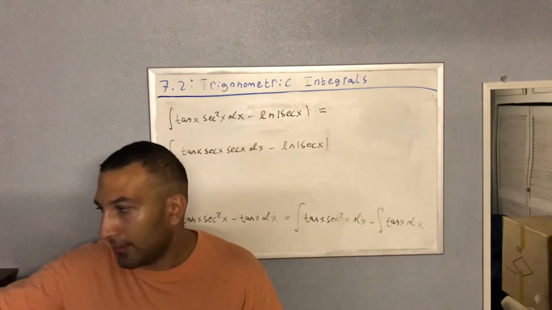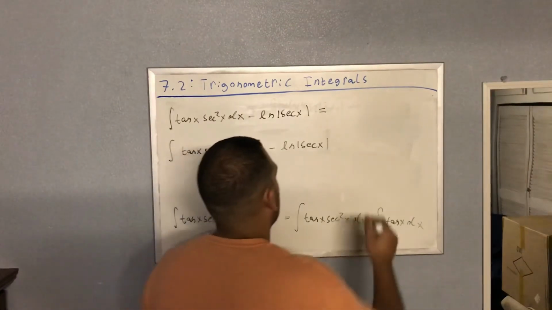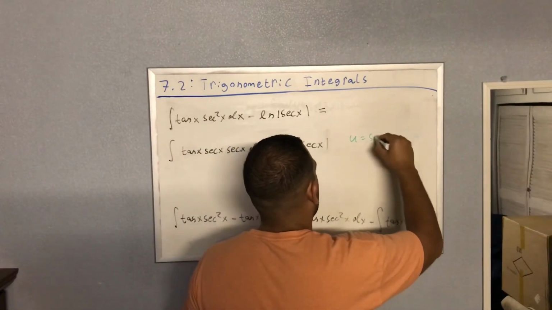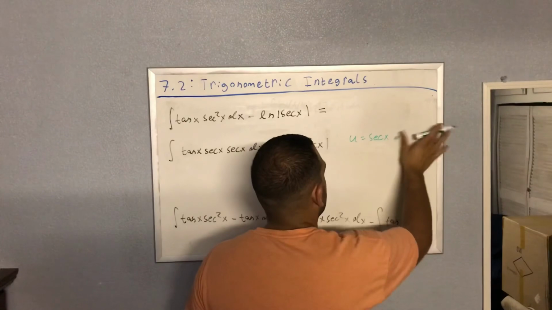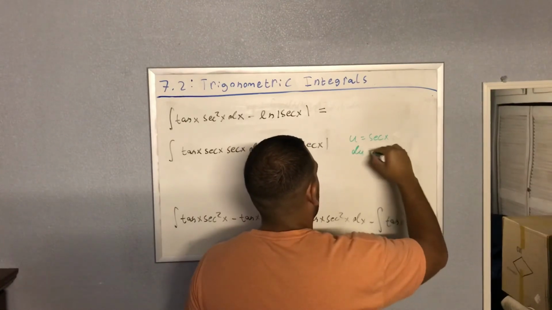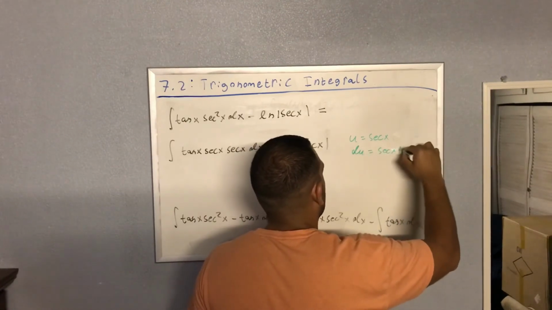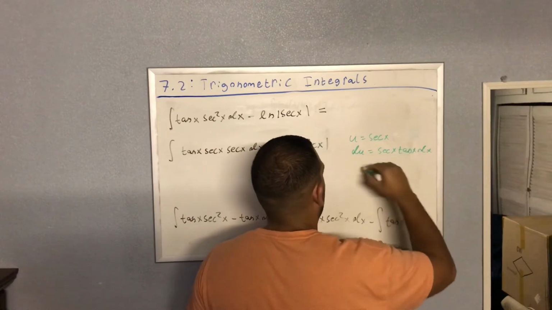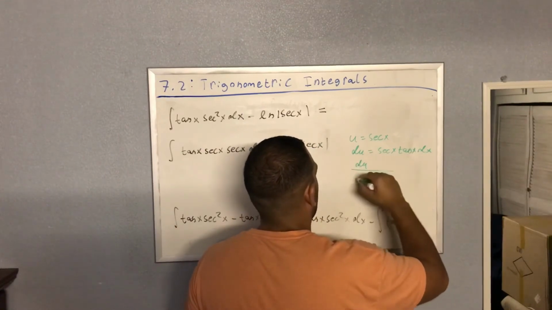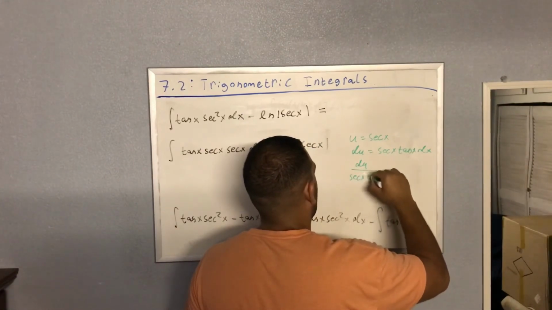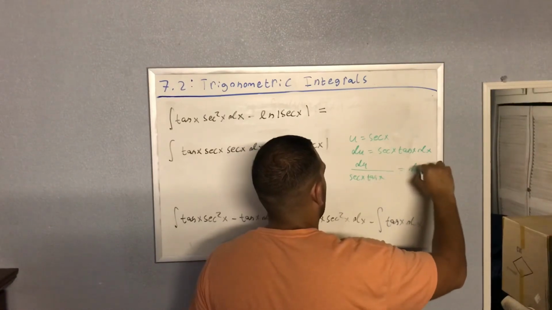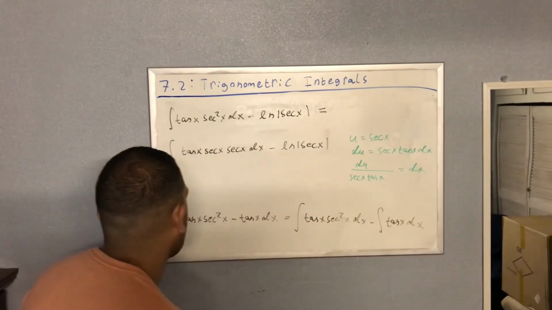So if I let u be secant, then du is secant x tangent x dx.